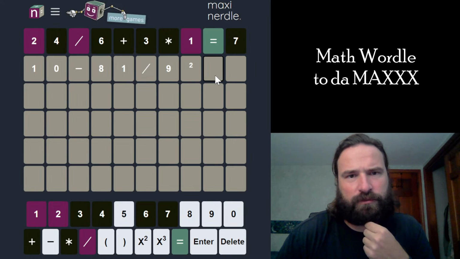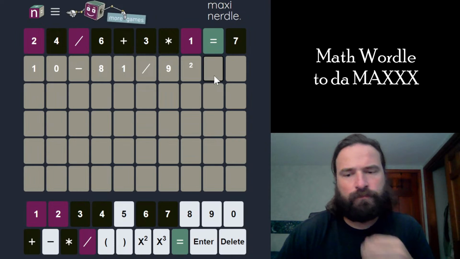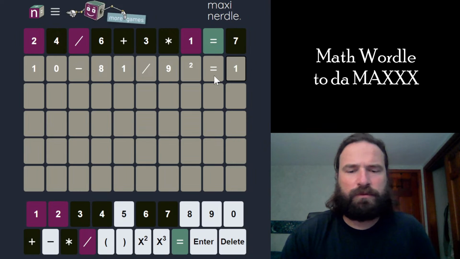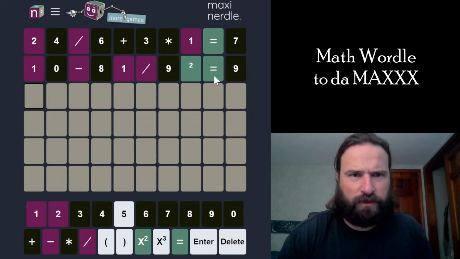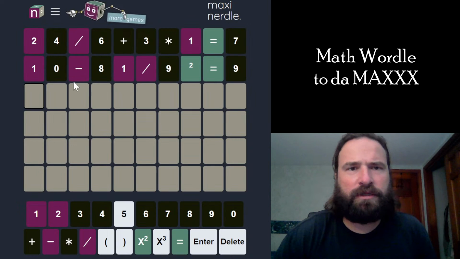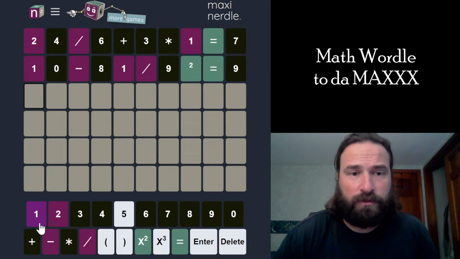I haven't used a 2. I'm just going to do this. Sorry, this equals 9. I don't love it, but maybe just get some structural things down. So there is subtraction, there is division, there's a squared here, there's no 9. There's only 1s, 2s, and maybe 5s.